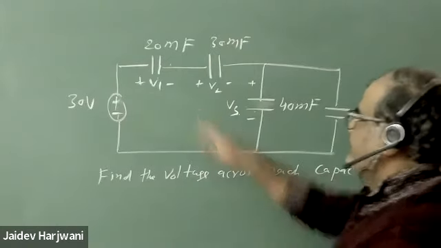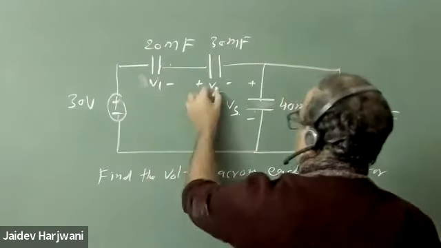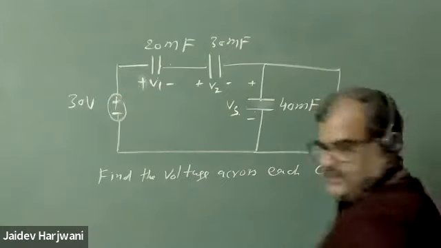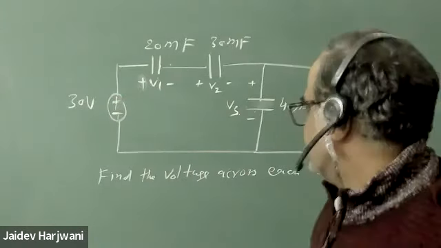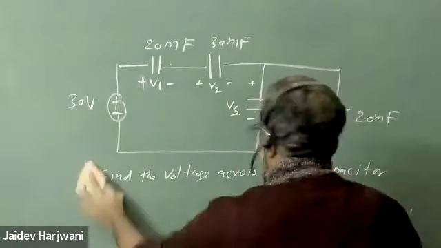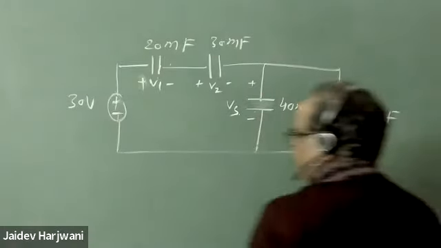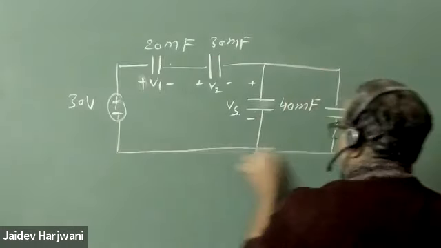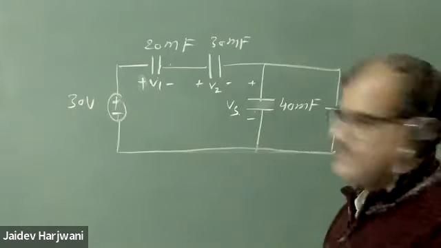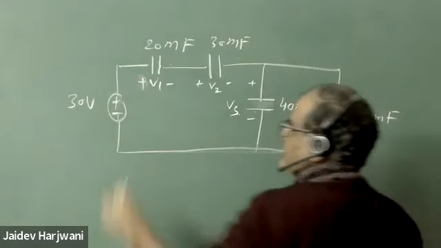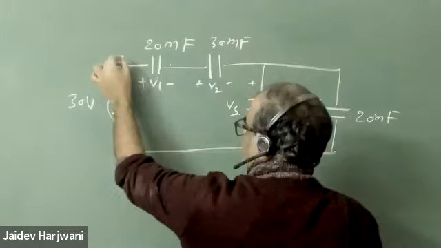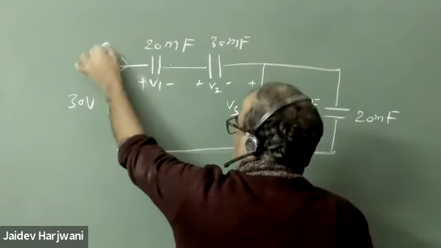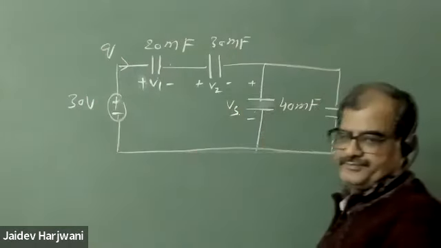So we need to calculate V1, V2, and V3. Now in order to calculate voltages across capacitors, how can we proceed? So when capacitors are in series or parallel, instead of assuming current, you need to assume that charge is moving in the circuit.